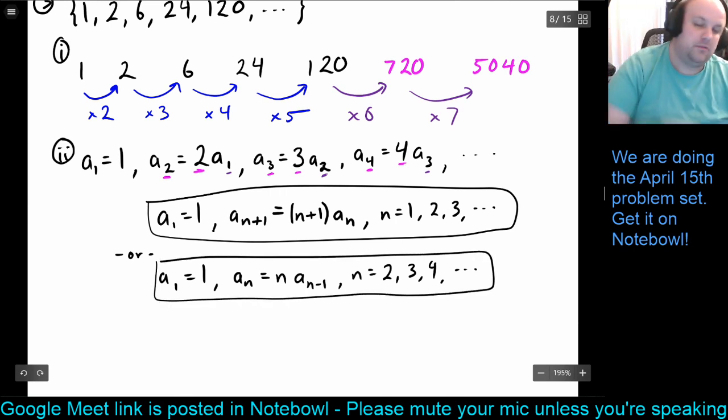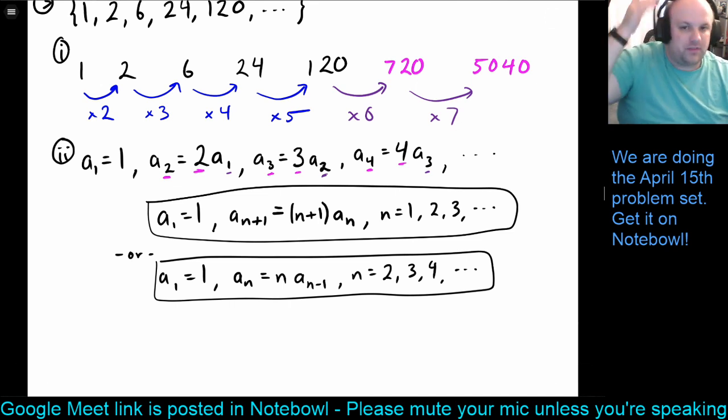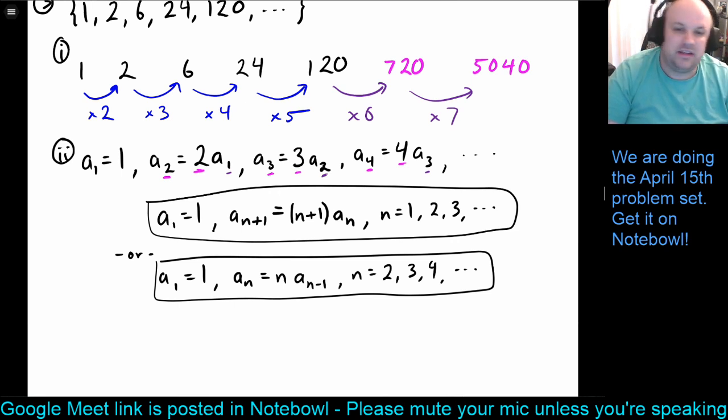So either one would be perfectly acceptable, whichever one you think is nicer. Right? And there we go. There's a recurrence relation. Any questions about that?